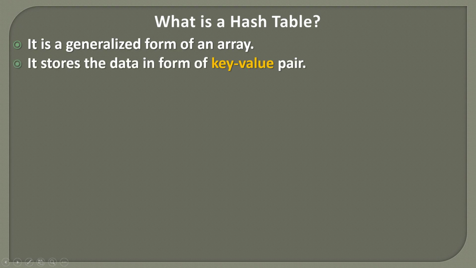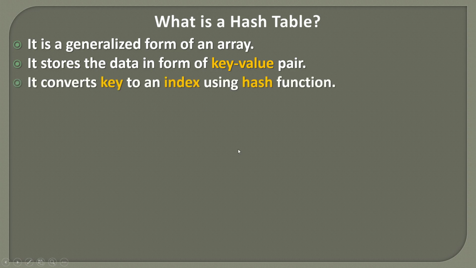Now what we do with the hash table is, the data is stored in the form of key value pairs. In our previous video we discussed how a key is passed to a hash function and an index is returned. So based on the index we store this key value pair. Basically in a hash table we simply put the data in the form of key value pairs, where we take the key, pass it to the hash function, and the hash function returns an index.